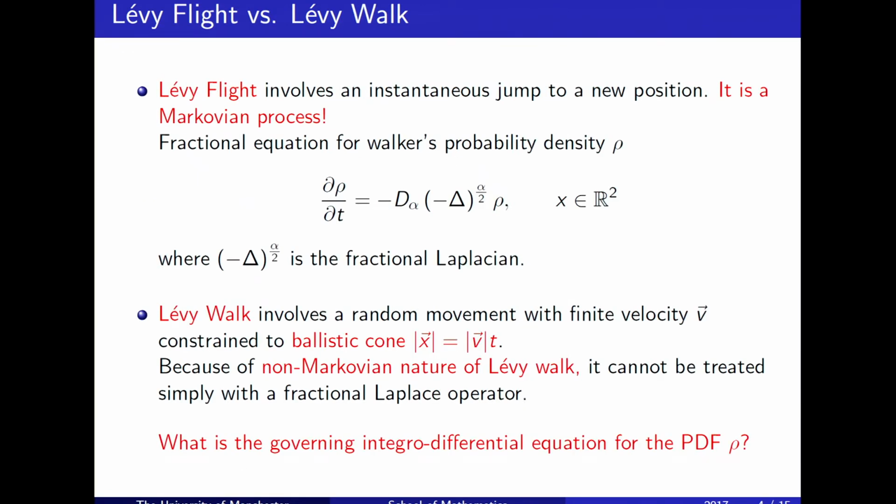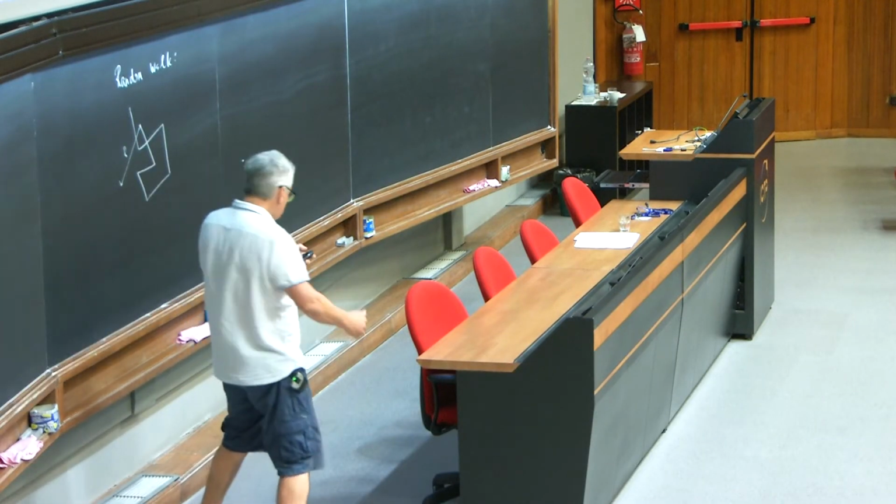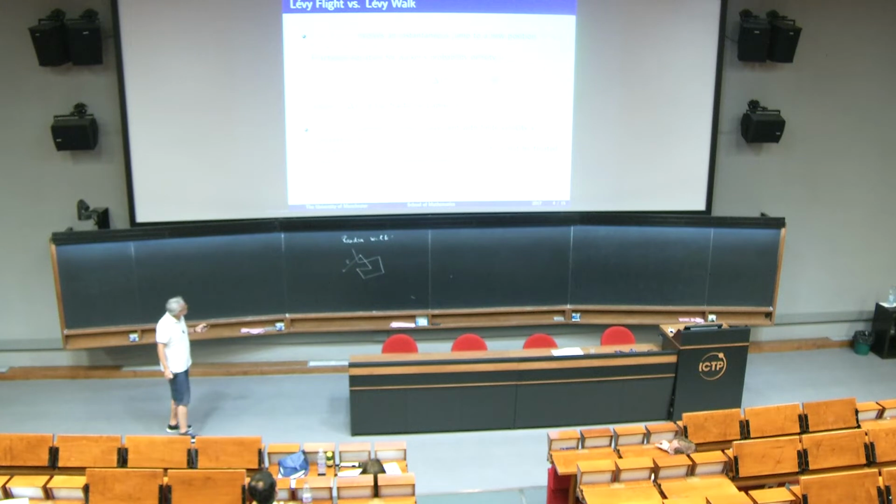Levy flight actually involves an instantaneous jump. If we start from here, we just jump with infinite velocity to this position. As a result, we have a Markovian process, and if we consider the long-time limit for this kind of random walk, write down the master equation and probe large time scales, we end up with this very nice equation.